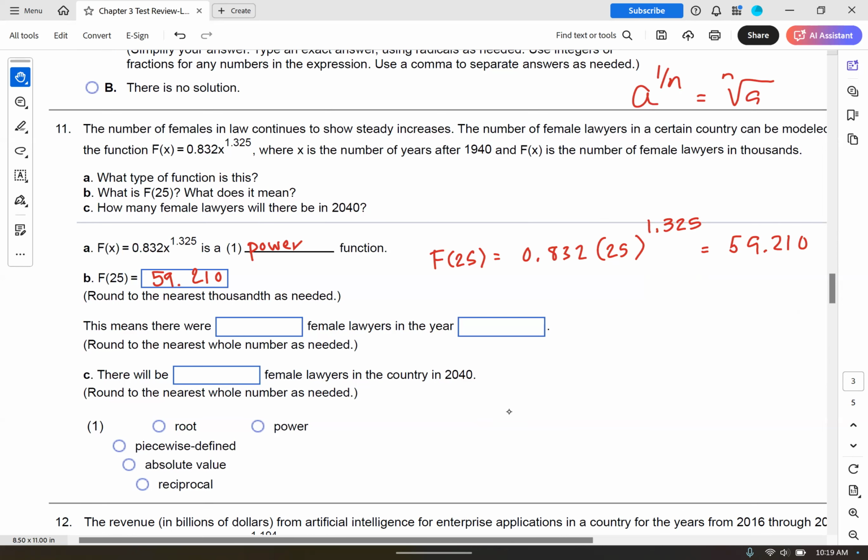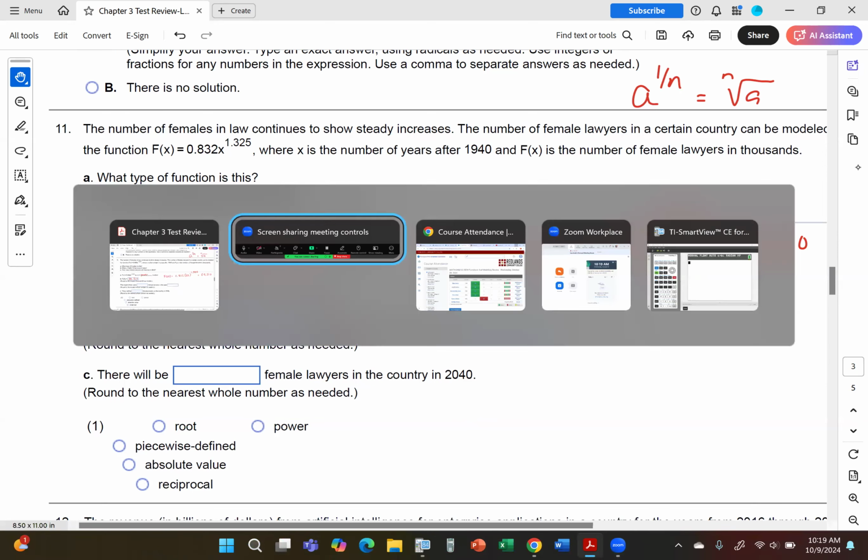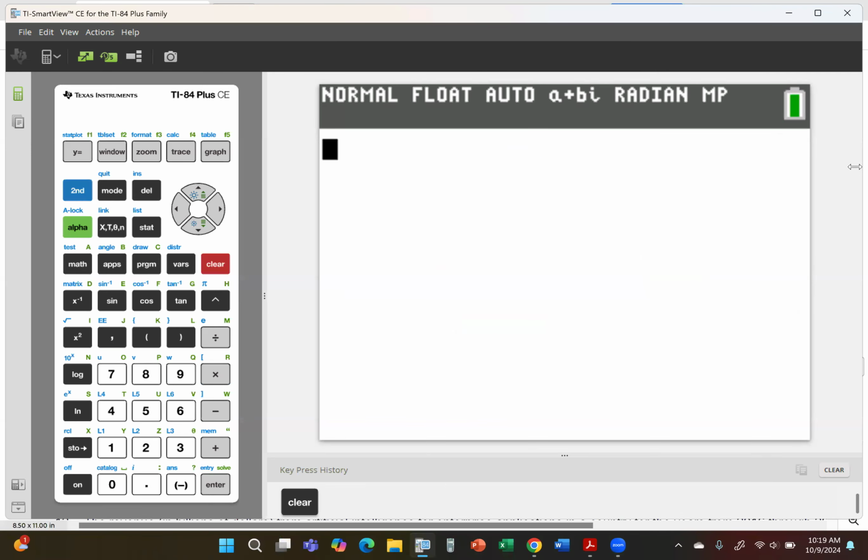Okay, so how do you do that? Actually, I'm just going to switch to the calculator on this computer up here, faster. So what you do is you evaluate that function at 25. That function is 0.832 times what?